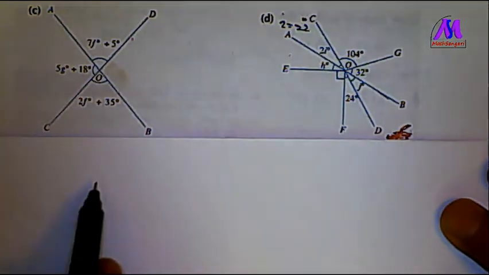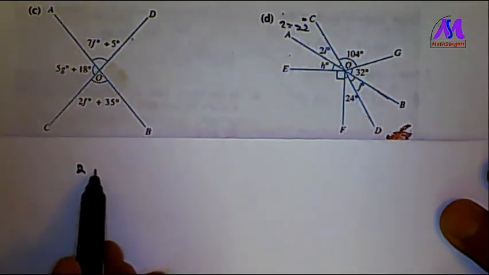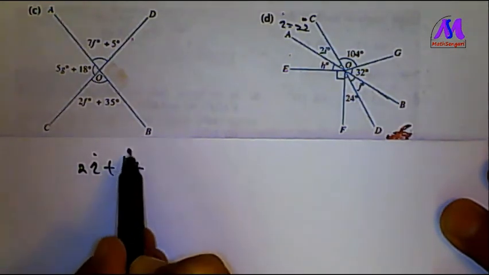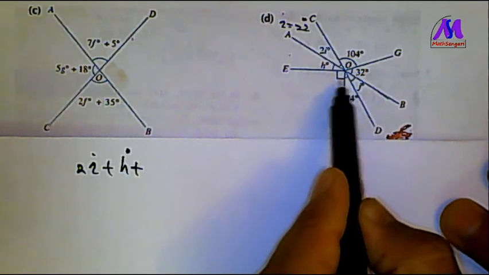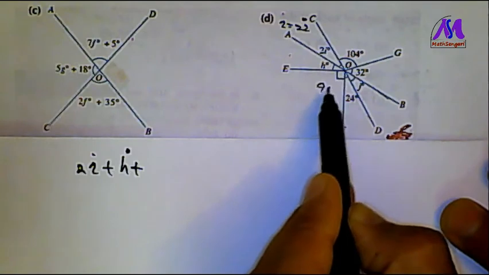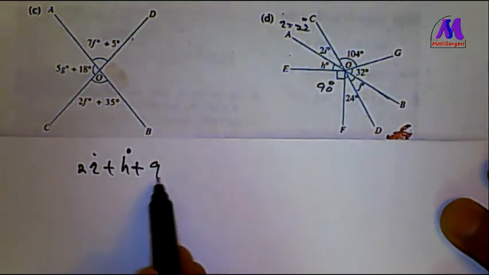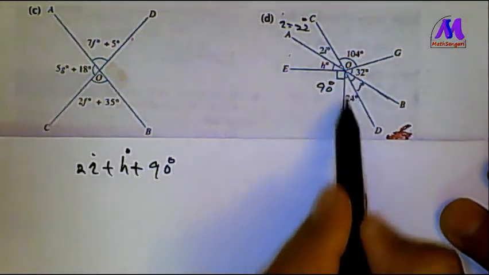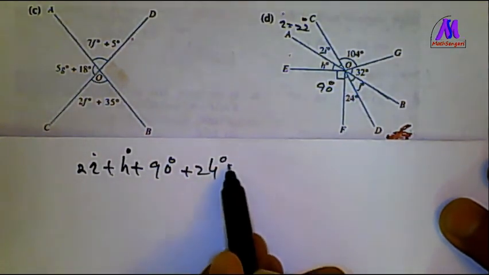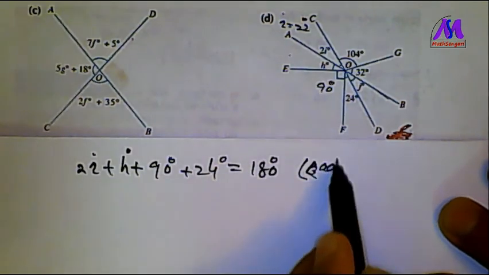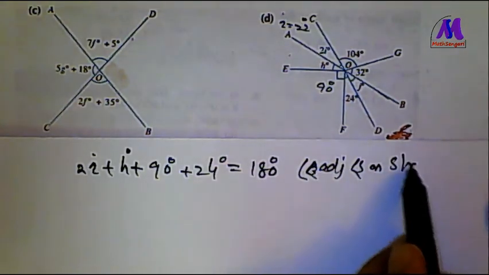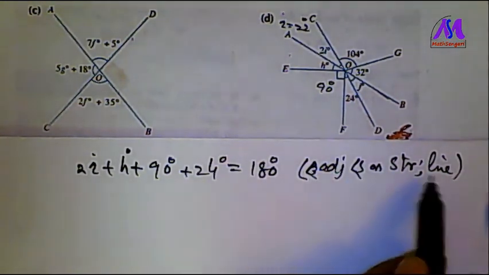So it means 2i plus h degree plus 90 degree, this symbol indicates it's a 90 degree, and here is another angle which is 24 degree, that will be equal to 180 degree, adjacent angles on a straight line.